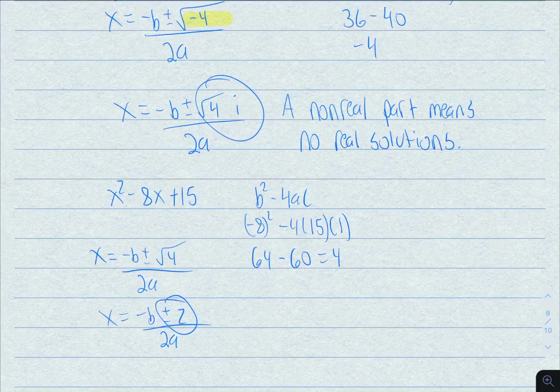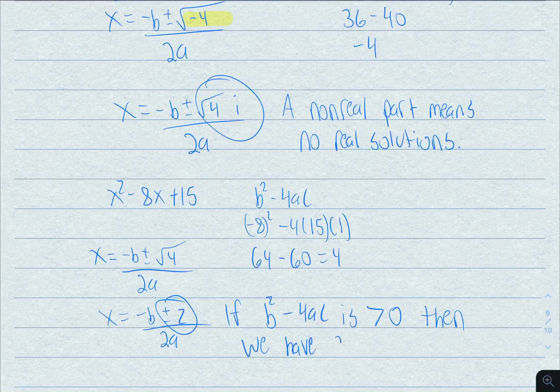And it's because we would have to add or subtract to get two different answers that if b squared minus 4ac is greater than 0, then we have two real solutions.